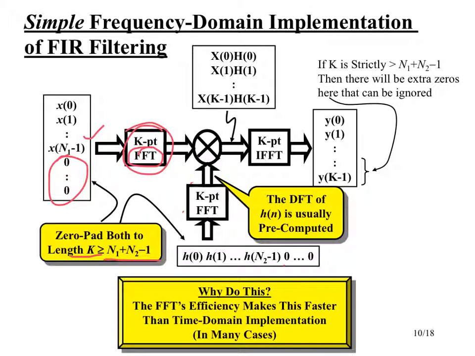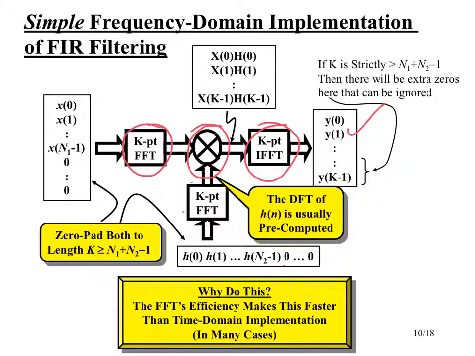So that saves some computation. We don't have to count that against ourselves. So really, the only computation we would have to do would be compute this k-point DFT, compute these k products, compute a k-point IFFT, and we get k samples, and we'll take those as our output.